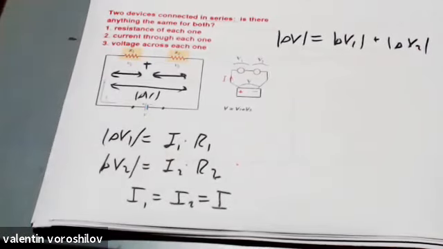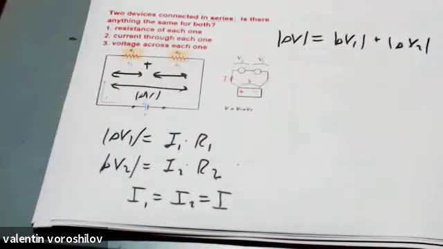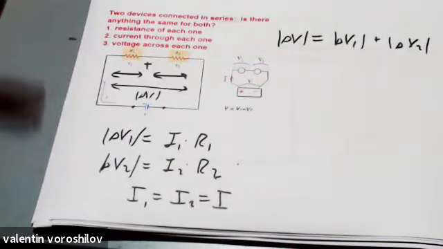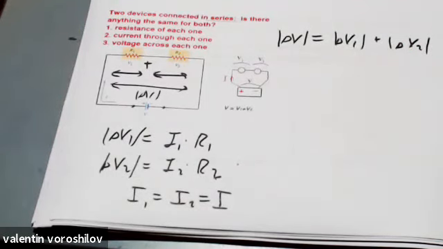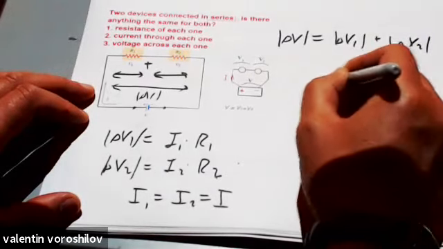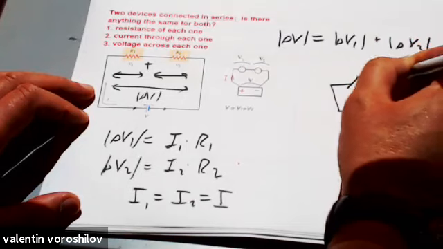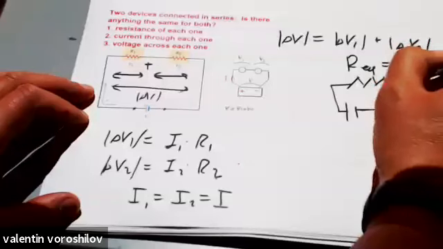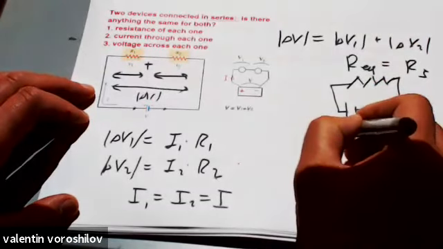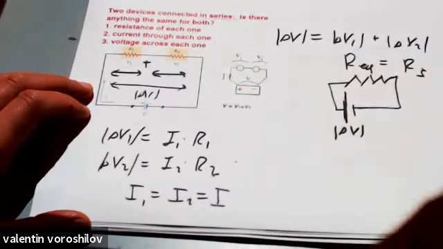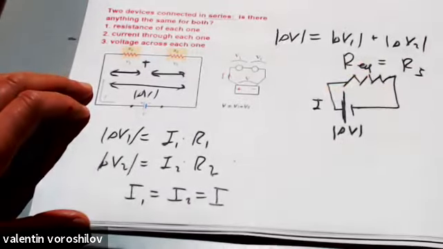Well, now we can ask a question and answer this question. What would be the single resistor we could use to replace these two, but having the same current when that resistor is attached to the same battery? This is an equivalent resistor, or in series, and we use the same battery, so the same voltage, and we want the same current.